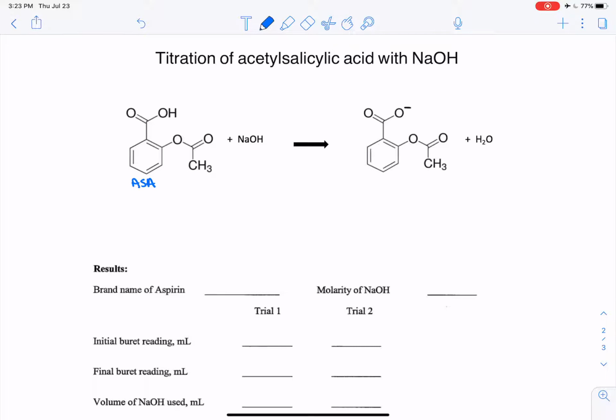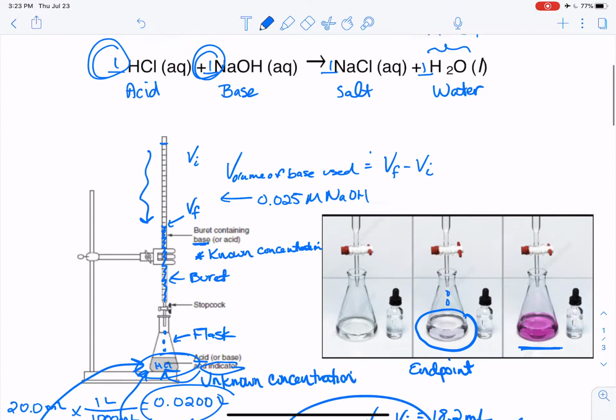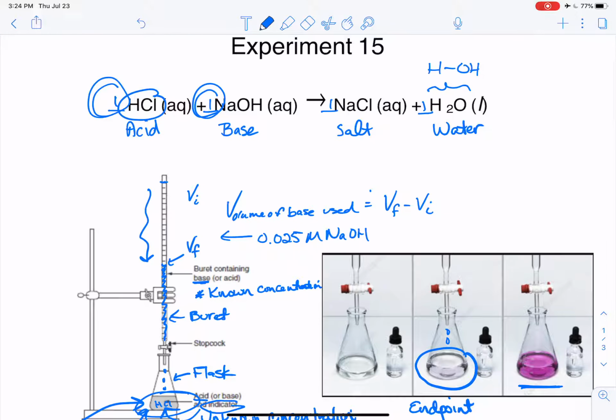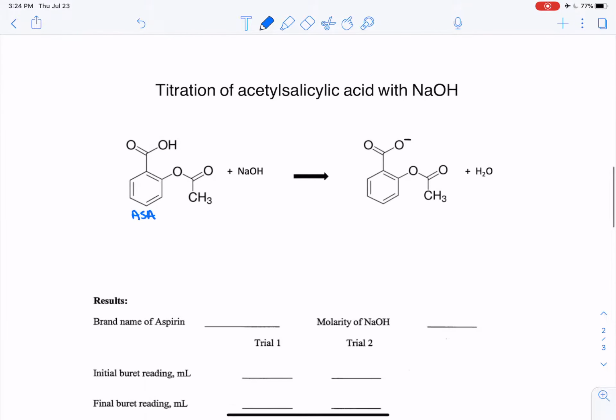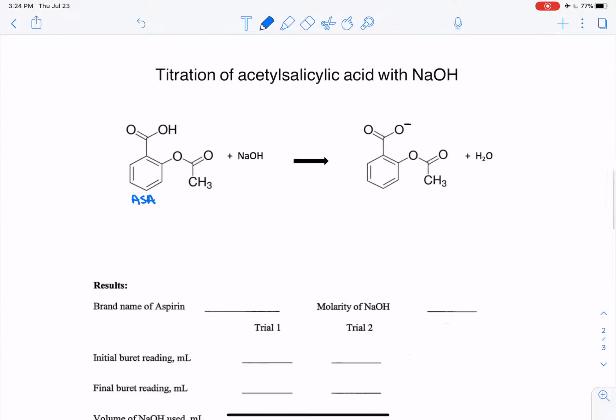And even though that is a big giganzo molecule, it's still an acid and it still behaves like the simple little acid HCl. It's an acid, so it's going to give away a what? An H+. So this is our acid right here, and this is our base. And the base, again, will be in the burette, and the acid will be in the Erlenmeyer flask.